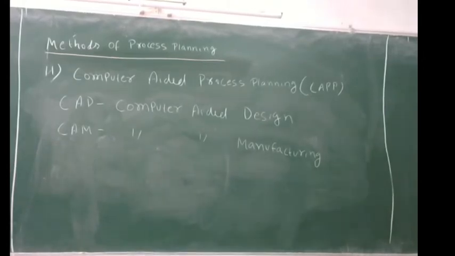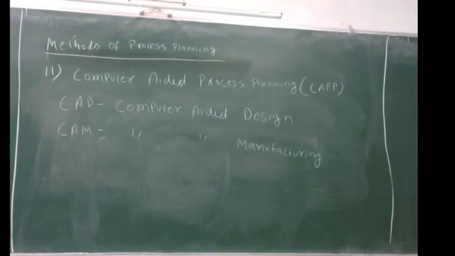Now write the theoretical parts of computer aided process planning. We will see the two types of computer aided process planning later, but write the theoretical part that we have discussed yet.